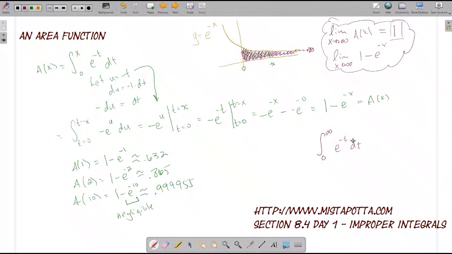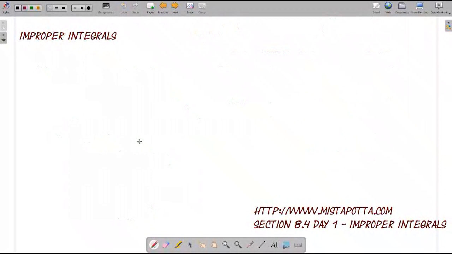And so this idea of using infinity as one of our limits of integration is called an improper integral. So an improper integral is going to be finding the integral from some value a to infinity of some function dx.